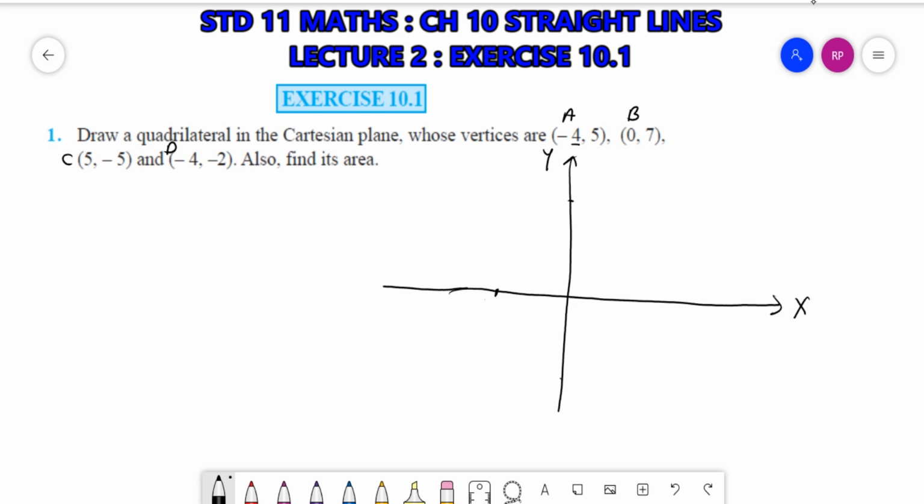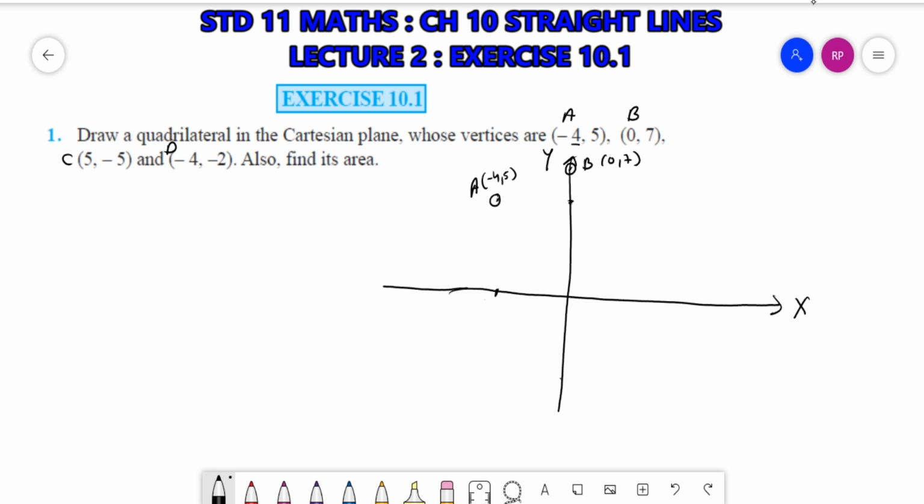So this can be the point A, (-4, 5). Point B, (0, 7). So x is 0, y is 7. So it can be here, B (0, 7).